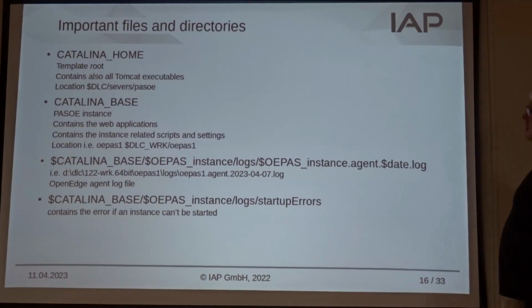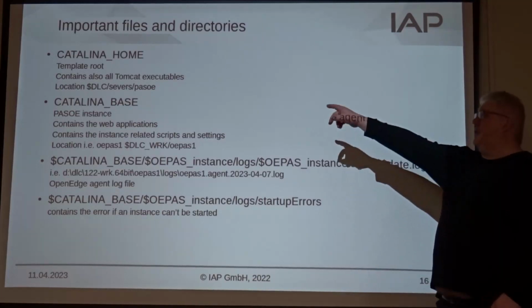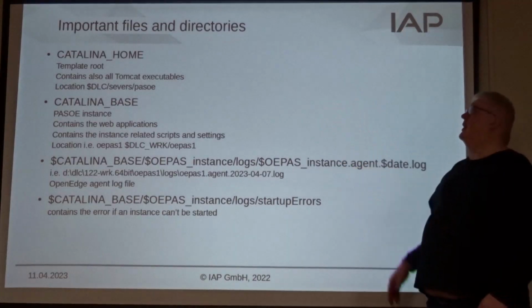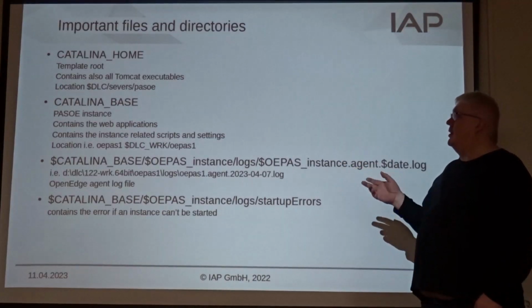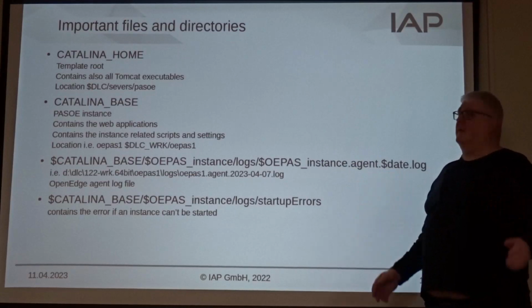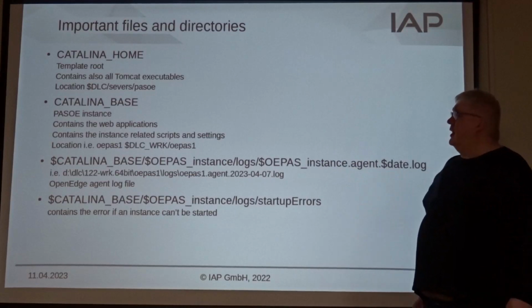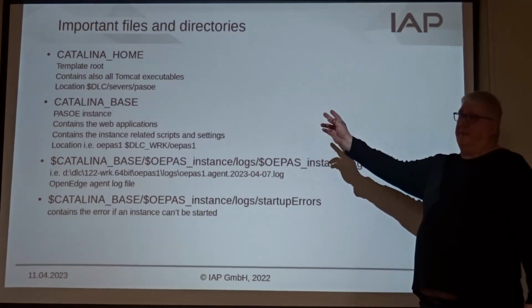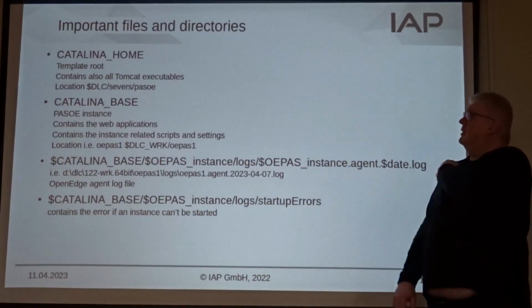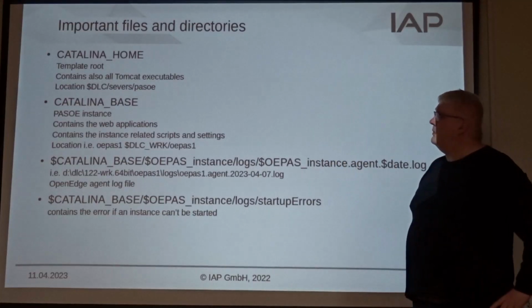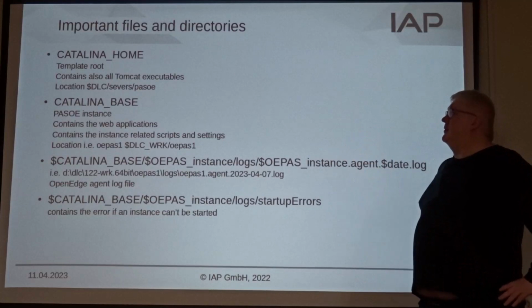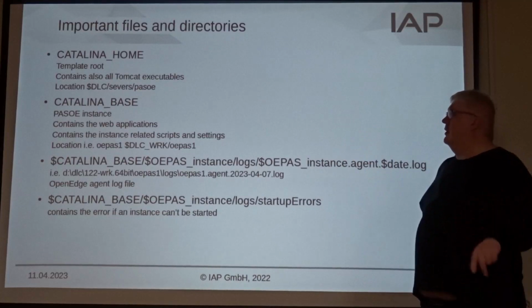If you talk about Catalina Home, then Catalina Home is the template root. The location is always in DLC servers PASOE, and this contains everything, including all executables.